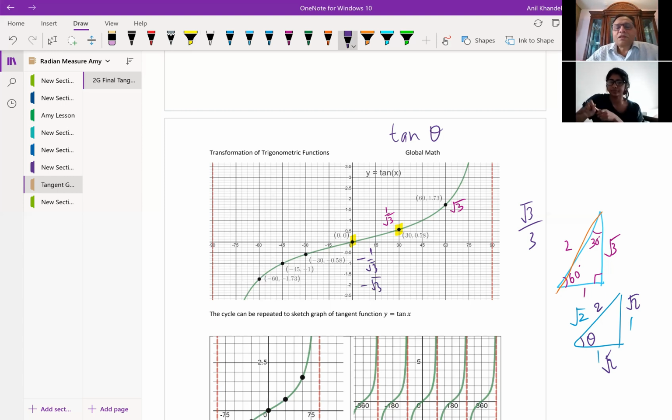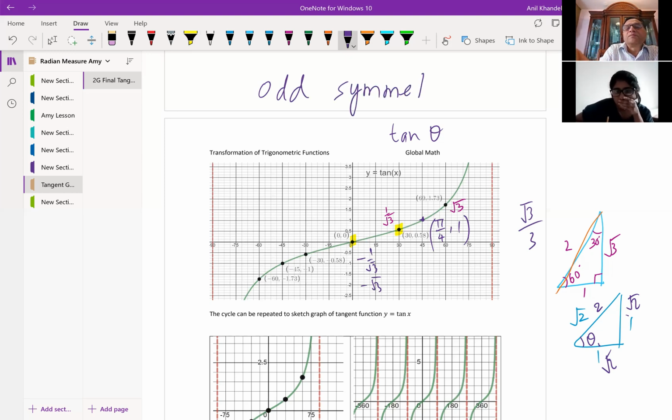Well, 45 degrees is not shown here. Let me write in radians, pi by 4 will give you 1, correct? As you can see here, for 45 degrees, the legs are of the same length, so their ratio is going to be 1. Clear? Now, when you reflect these points, because tan theta has an odd symmetry, as we just figured out, odd symmetry means it is symmetric about the origin, and therefore I will symmetrically reflect it on the origin and get my second half.